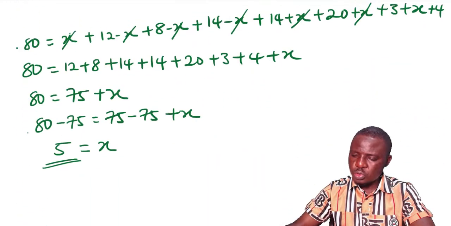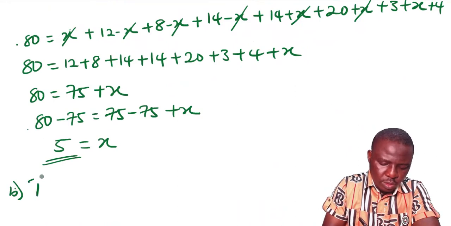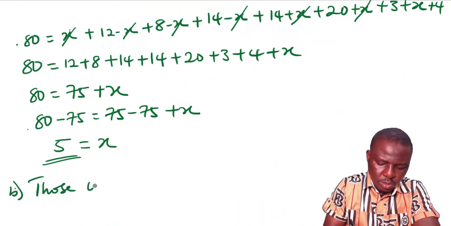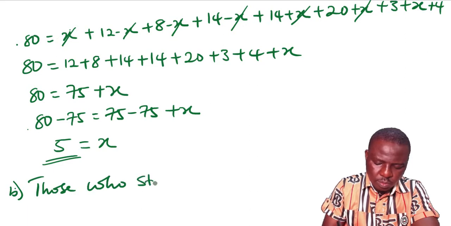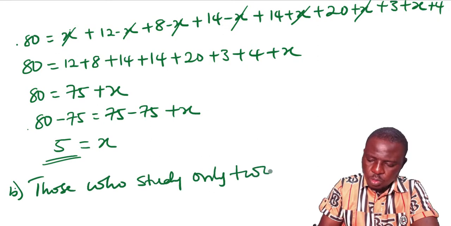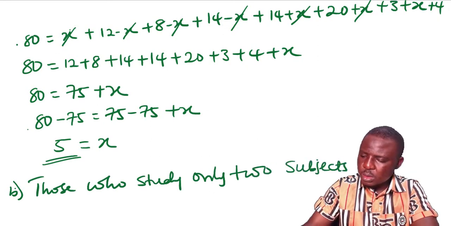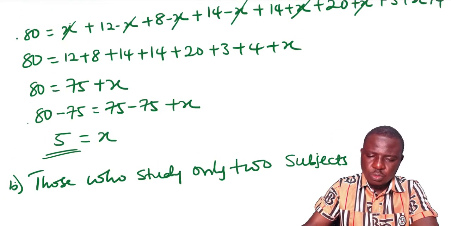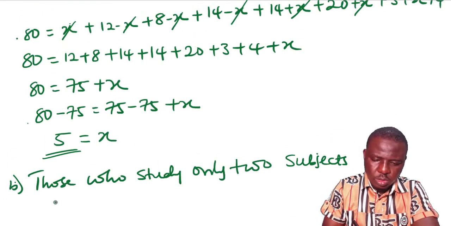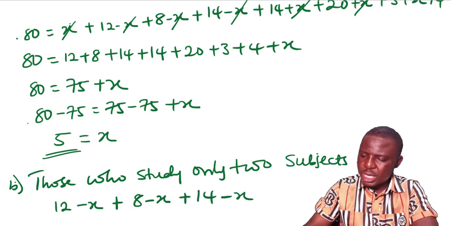So those who study only 2 subjects, we have them to be 12 minus x plus 8 minus x plus 14 minus x.